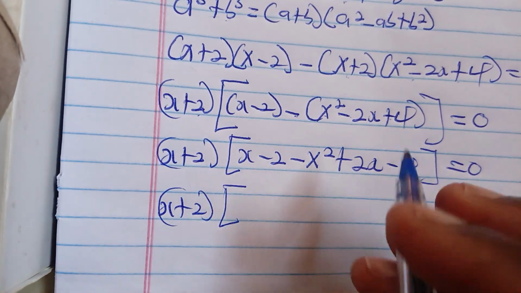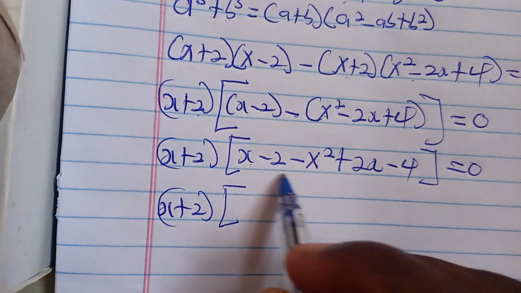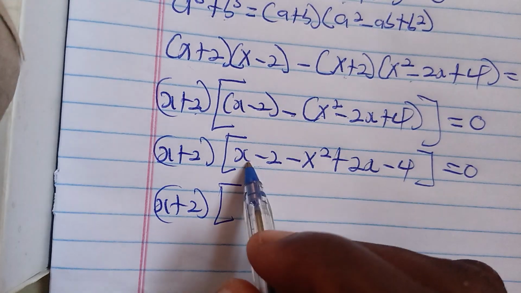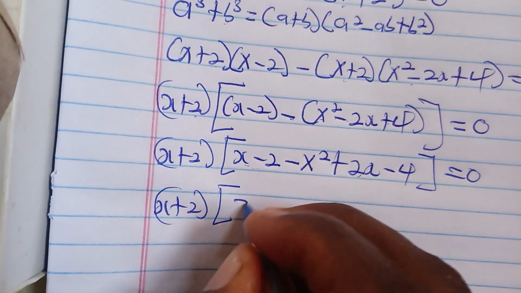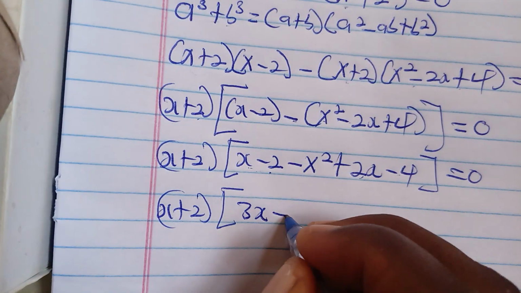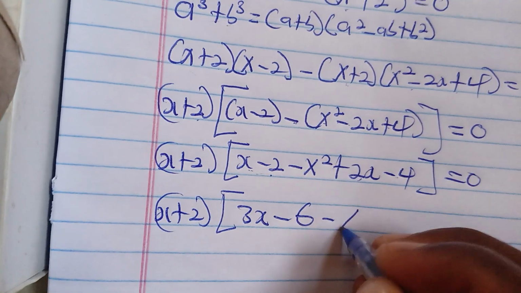Now let's organize all the terms here. So x plus 2x gives us 3x, minus 2 plus minus 4 gives us minus 6, and then we have minus x squared.